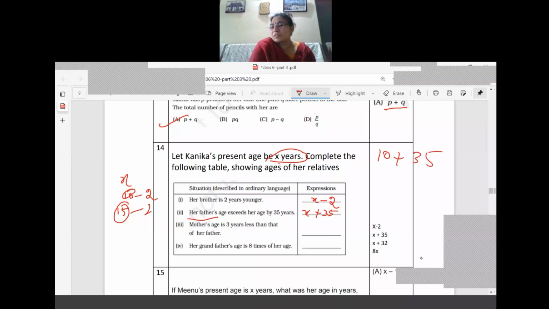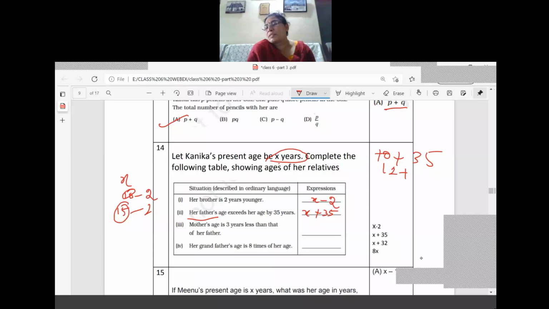That means 10 plus 35 you will do in the numerical value. Suppose your age is 12, then also 12 plus 35, like that only. So instead of 10 and 12, what should we write? Her age as a variable we should write as X, because X is given in the question. X plus 35.